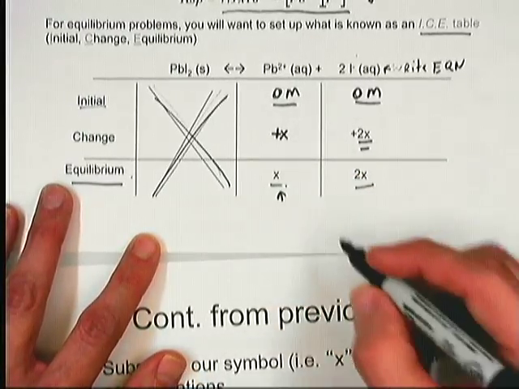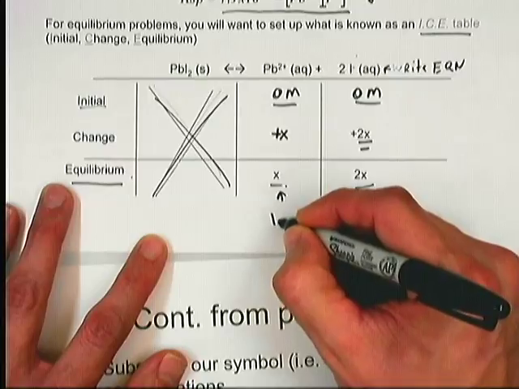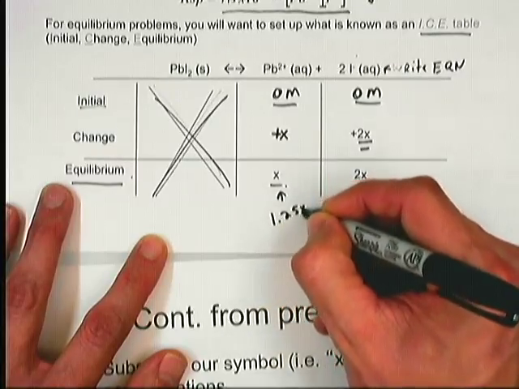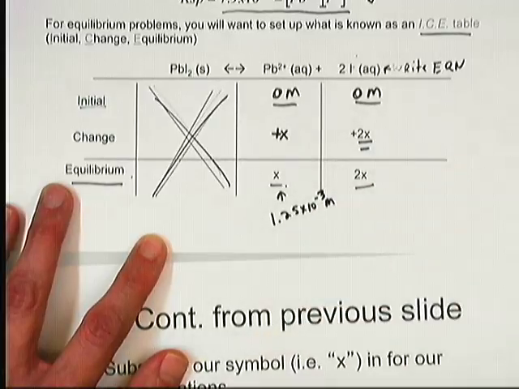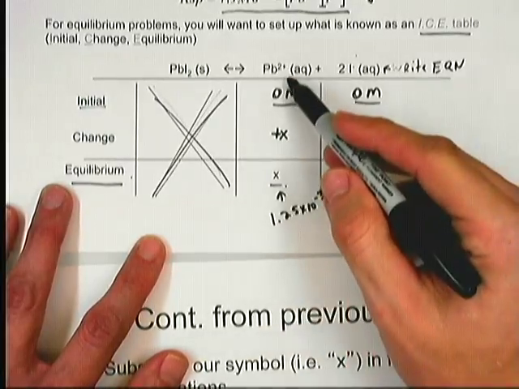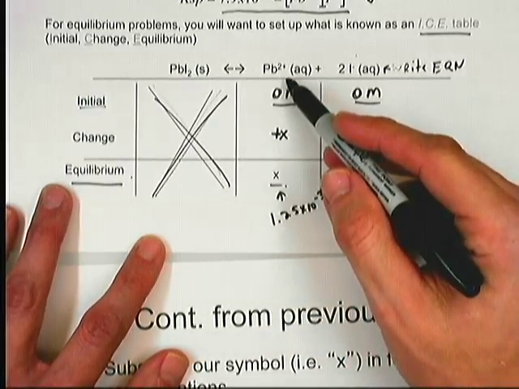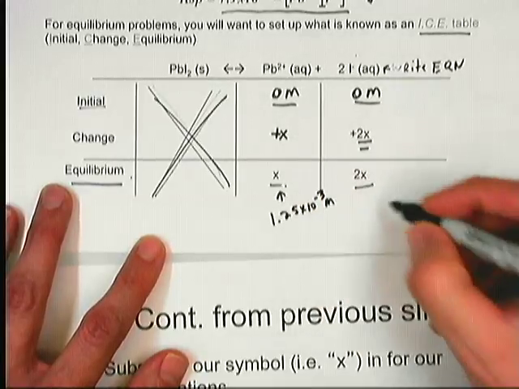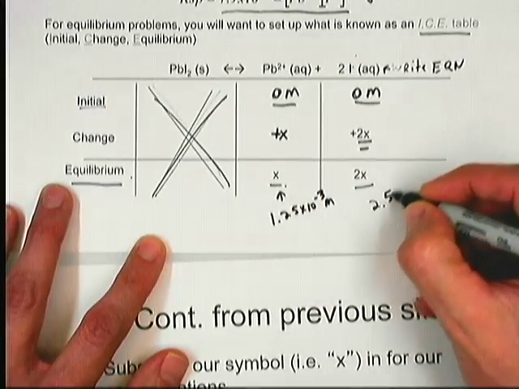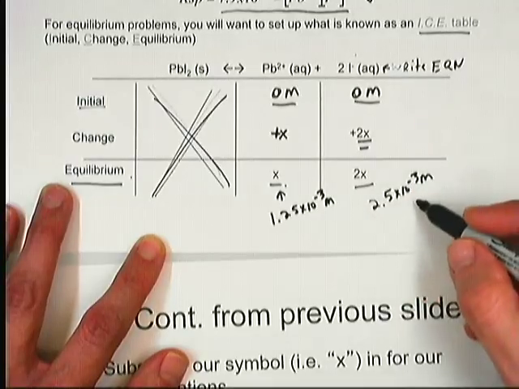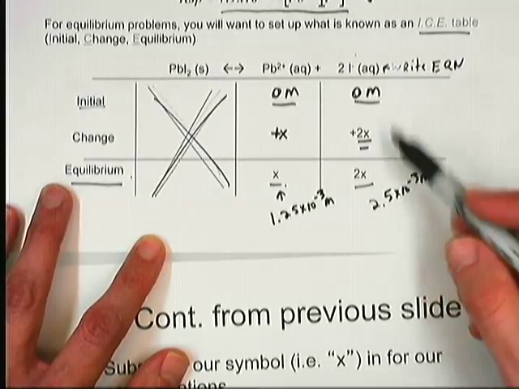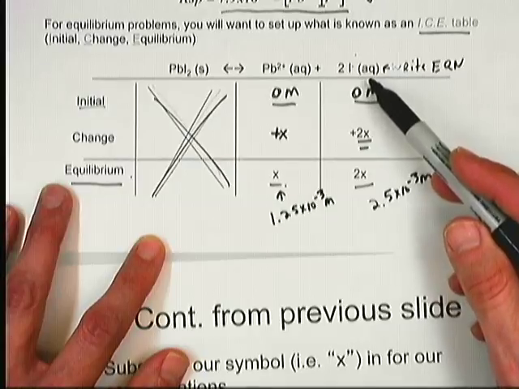X in my ice table, which I now know is equal to 1.25 times 10 to the minus 3 moles per liter, was equal to my expected equilibrium concentration of lead. And 2x, or twice that, which of course would be 2.5 times 10 to the minus 3 molar, would be expected to be my equilibrium concentration of I minus.